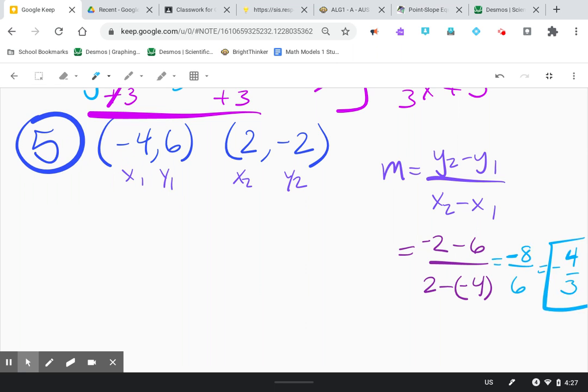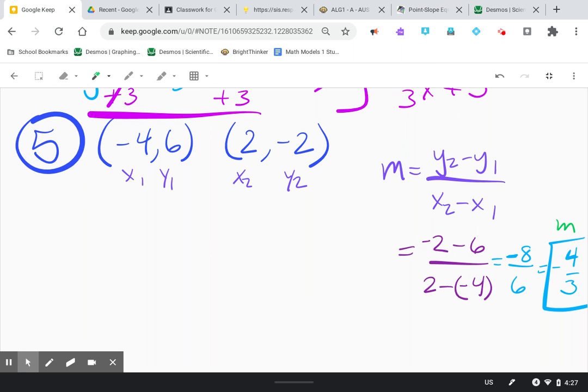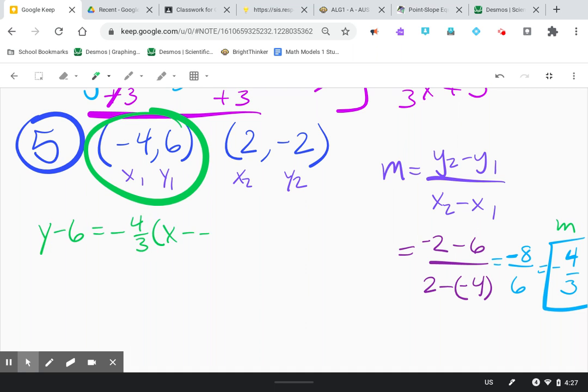Okay. So then I'm going to come over and take that value there. That's going to be my m. And I'm going to use this point here. It doesn't really matter which one you use. So we're going to do y minus 6 equals negative 4/3 times x minus negative 4.